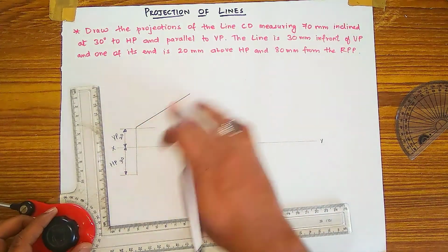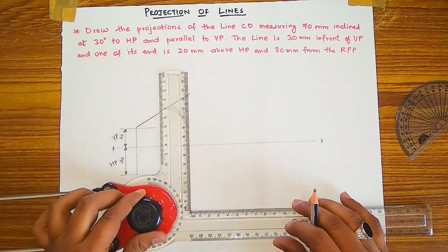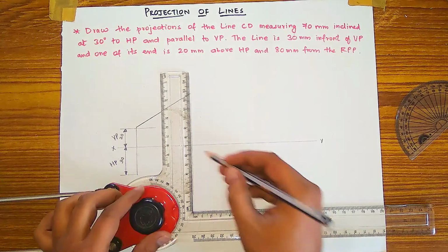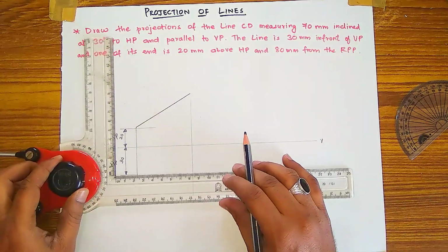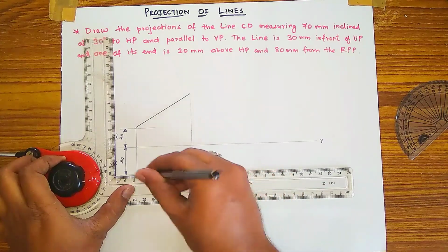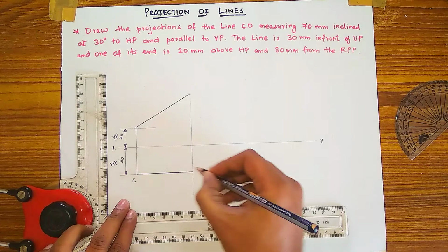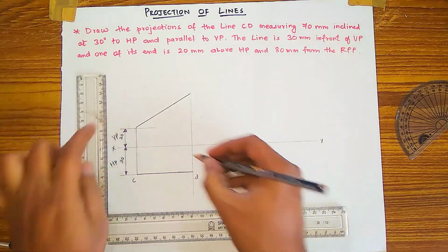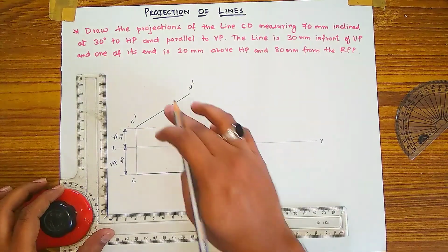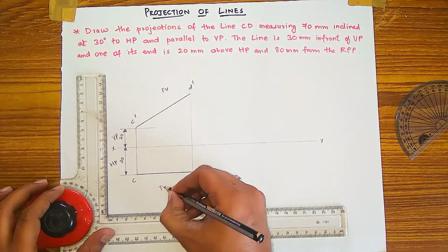Then the same line here, if you see from the top, you will have a top view here. Straight means you have to draw a perpendicular line to the XY line, and from here you will have another point, the top view line. You have to darken, and this point will be C and D, and this will be C dash and D dash. Okay, and this will be the front view of the figure, and this will be the top view.